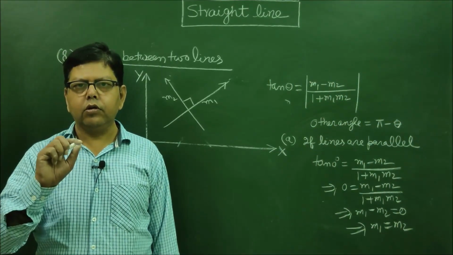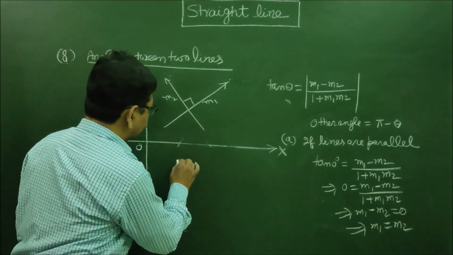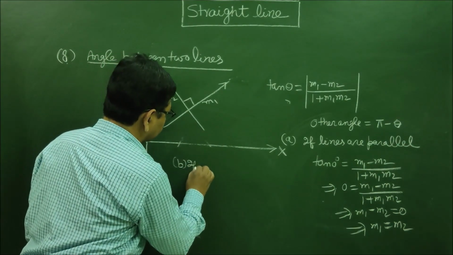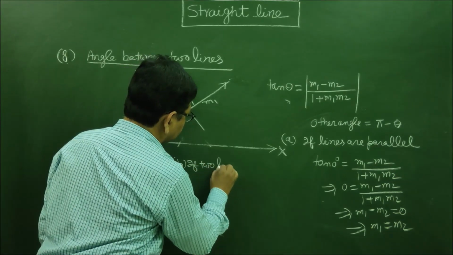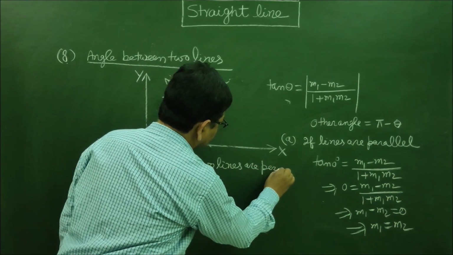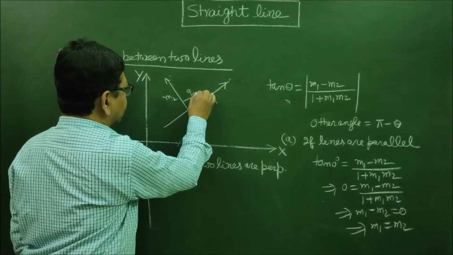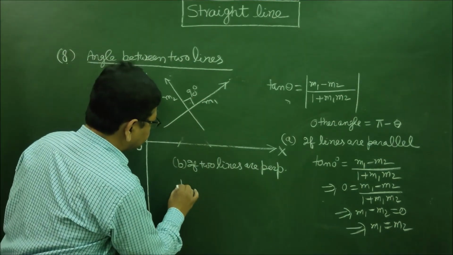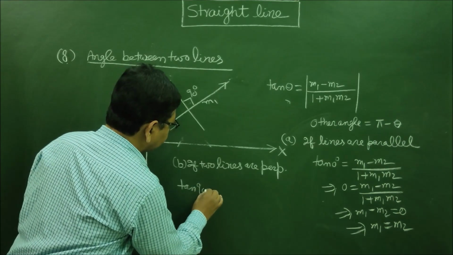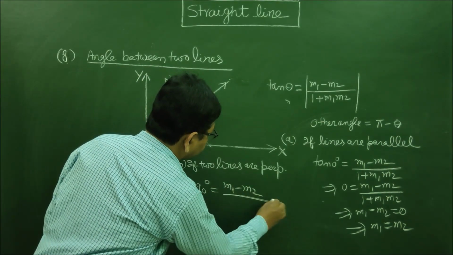If two lines are perpendicular, in that case the angle between the lines is 90 degree. So tan of 90 is equal to m1 minus m2 upon 1 plus m1 m2.